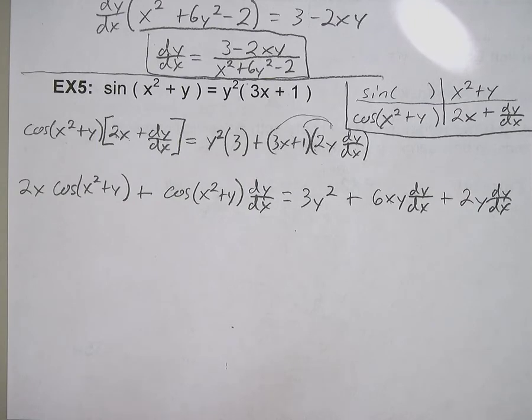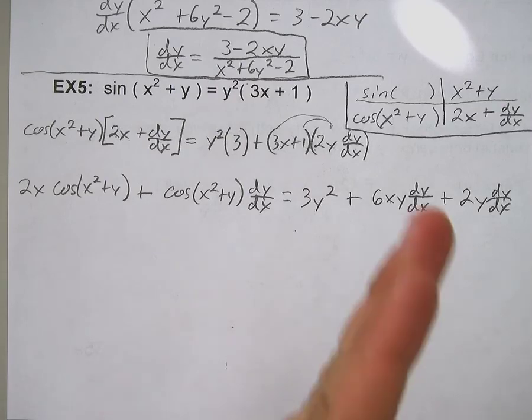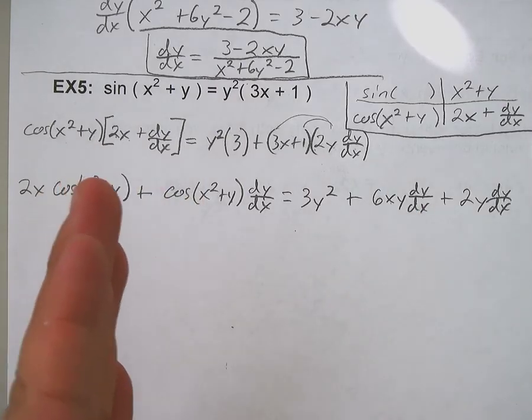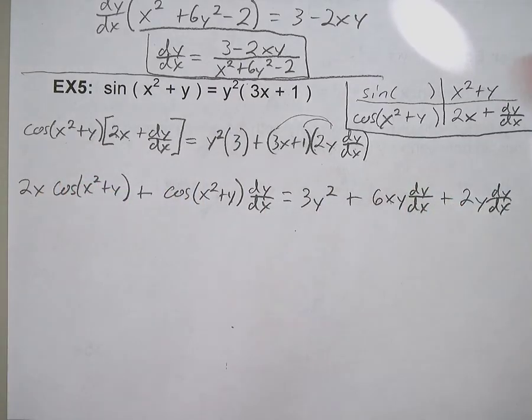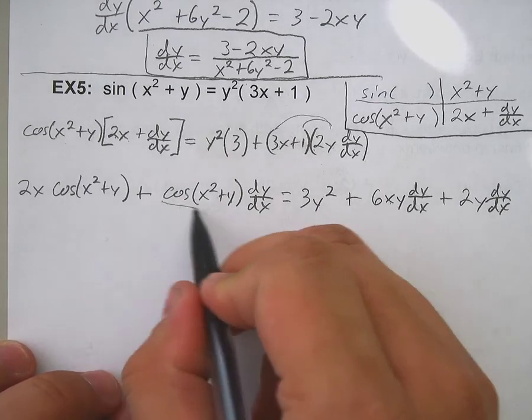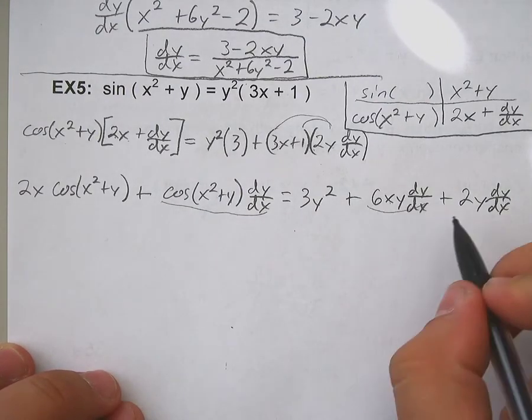I'm going to get everything that has a dy dx to the left and everything that doesn't have a dy dx to the right. Now, it doesn't matter left or right. I just picked left because I like left. So I'm going to get all my dy dx's to the left. So this guy is going to stay and these two are going to come over.